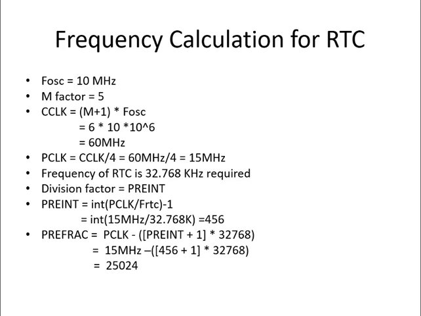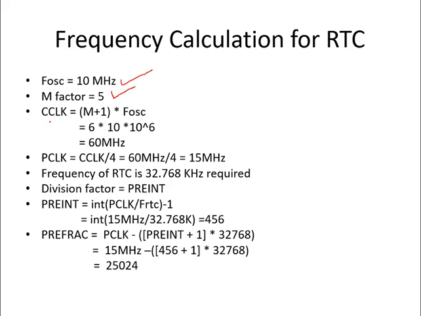Next, we are going for the calculation of RTC for the LPC 2148. Now here I am considering specific figures for the different calculations. Like crystal we are considering, a 10 megahertz crystal is connected there. So here the crystal frequency is 10 megahertz and the multiplying factor is 5.